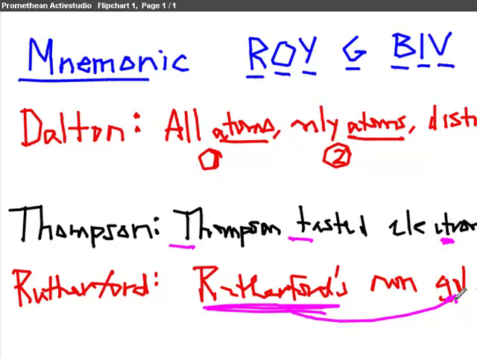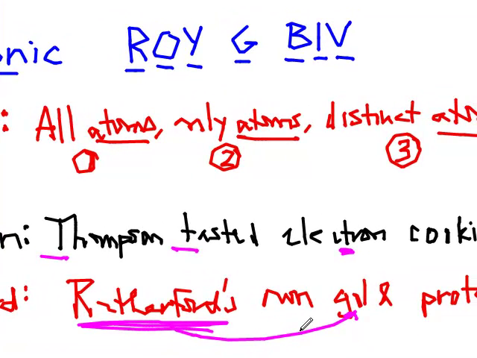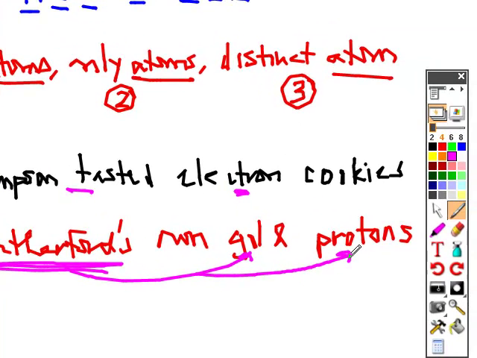So the number of protons tells us what atom it is. So he used the gold foil experiment to discover another part of the atom, which is the proton. Hopefully that can help you memorize Rutherford and what he knew about the atom.